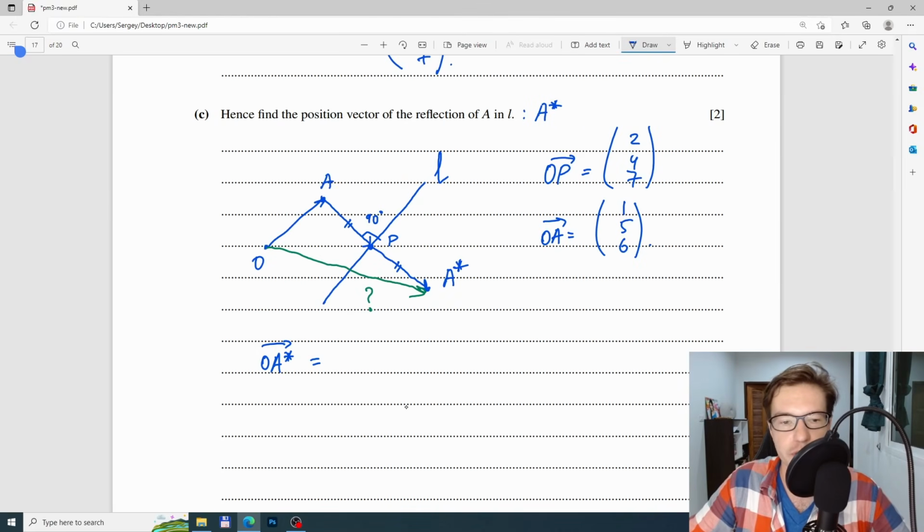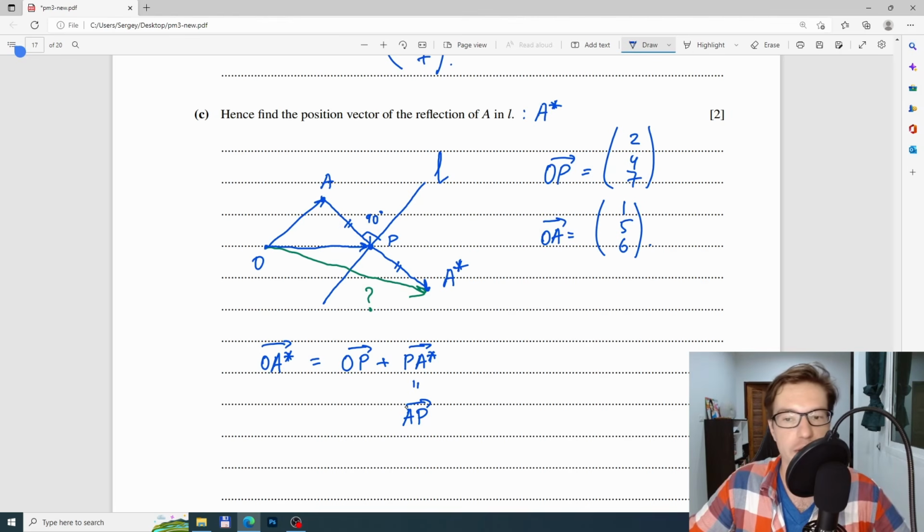From point O, we can go to the point P, and then from P, we can go to the point A asterisk. So that means we'll have to add the vector OP and the vector PA asterisk. Now, because A asterisk is the reflection of A, we can see that the vector PA asterisk is the same as the vector AP.